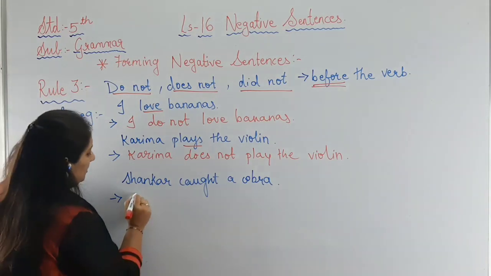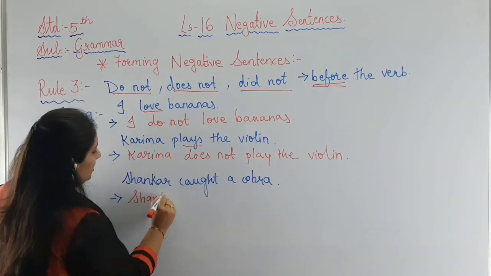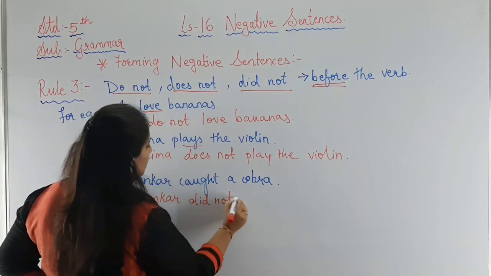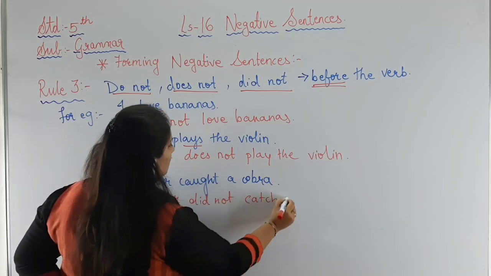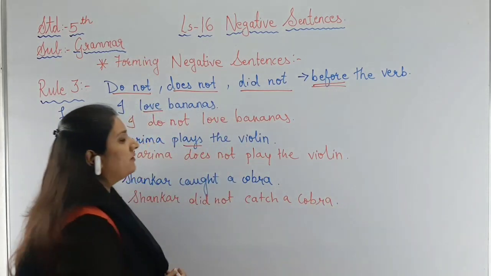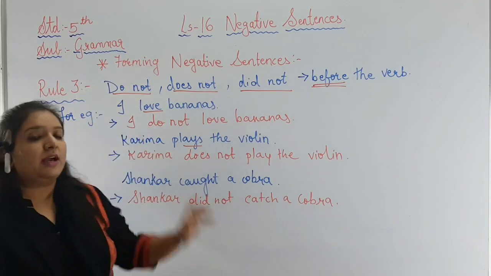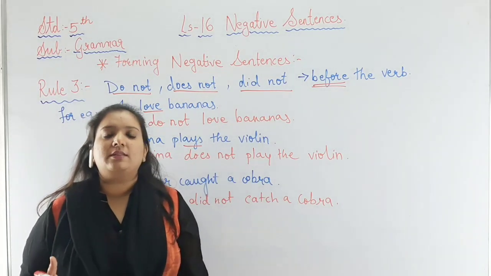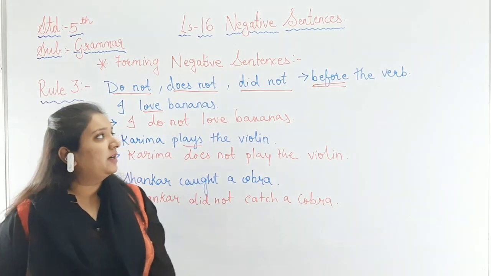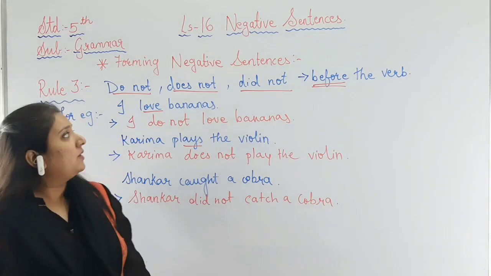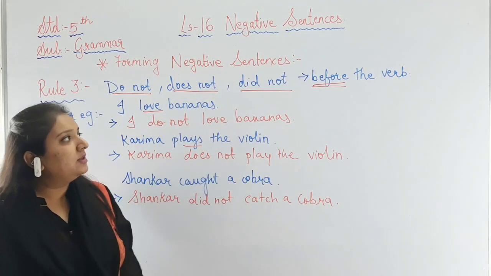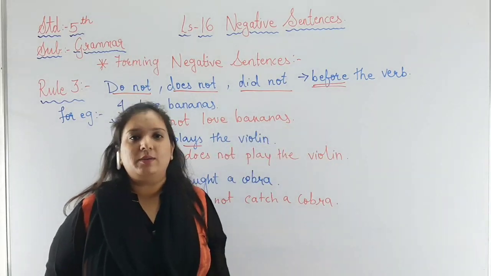So the sentence will become: Shankar did not catch a cobra. So I hope students you have understood rule number 3. We have to identify whether the statement is of simple present or simple past, and add do not, does not and did not according to the tense, before the verb.